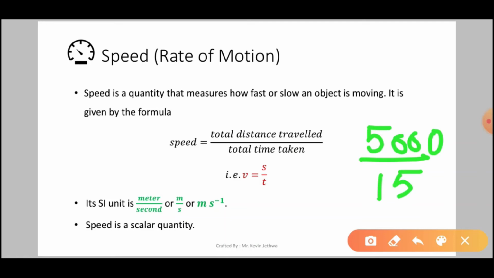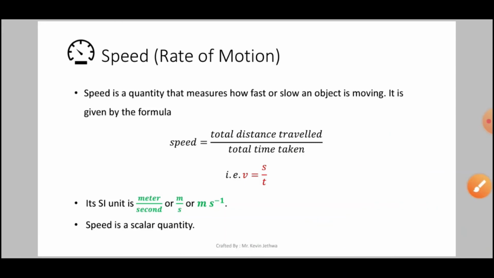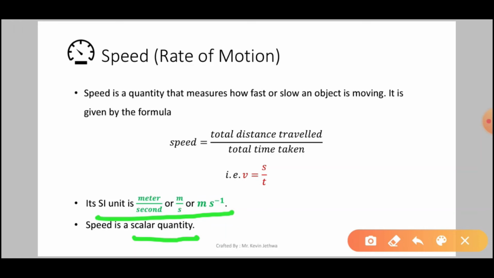My speed will be 5000 divided by 15, that is equal to 333.3 meter per minute. So that is the average speed. We always take speed as an average speed. So its SI unit will be meter per second, or you can write m upon s or m s inverse. And especially we need to note that it is a scalar quantity because we are taking a distance and distance does not depend on the direction.